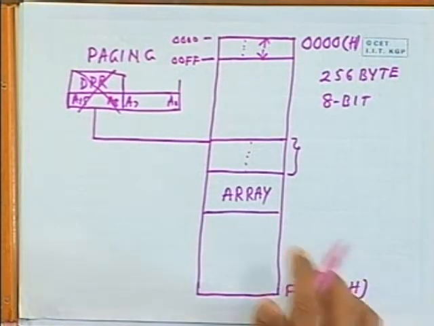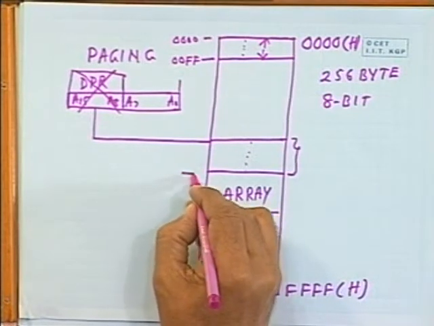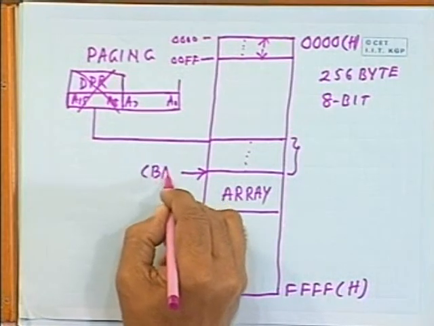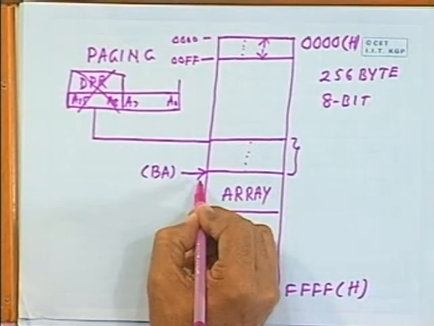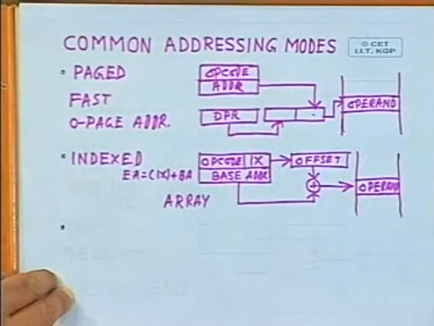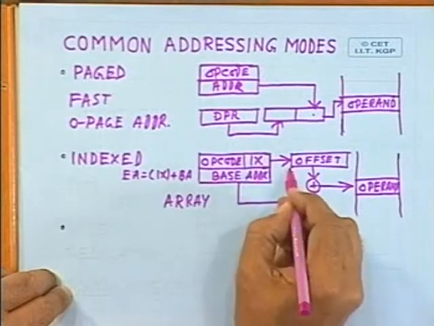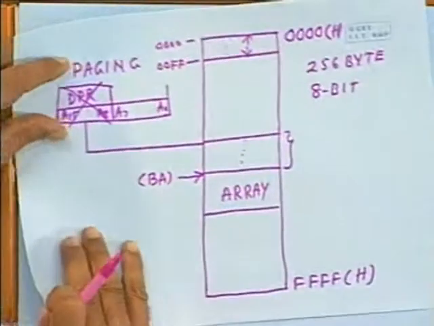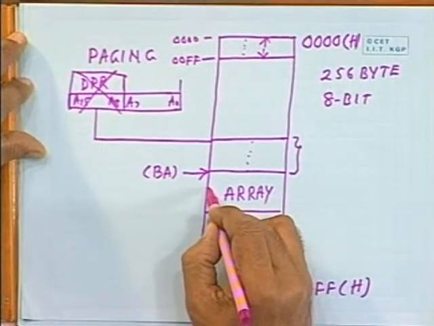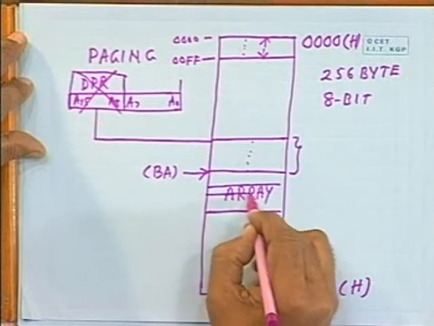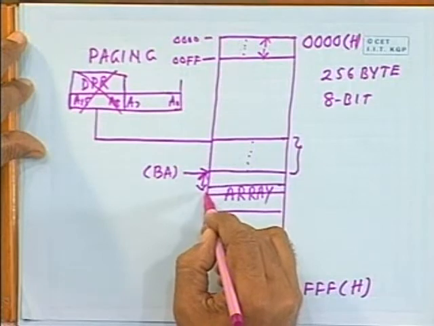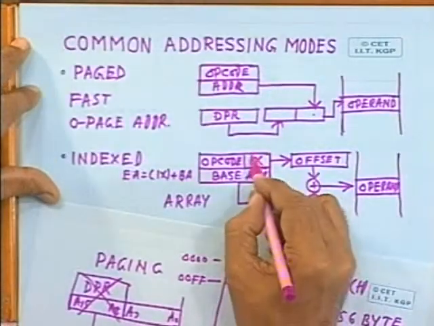The starting address of the array is provided by the base address. The base address points to the beginning of the array. Then the index register points to an element within that array. For example, if it is here, this offset is provided in the index register.